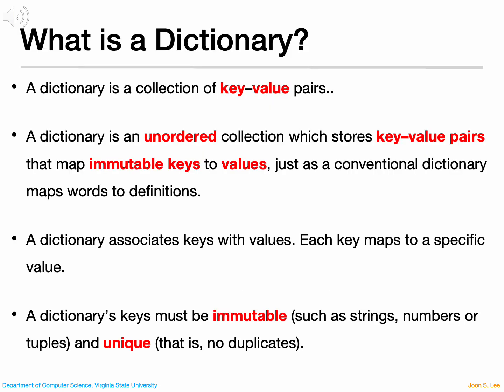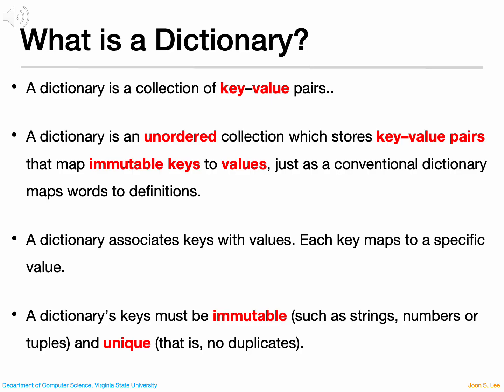A dictionary in Python is a collection of key-value pairs. Instead of storing values by position like lists or tuples, dictionaries store data by associating a key with a value. Dictionaries are considered unordered collections, meaning the elements are not stored by numeric index.